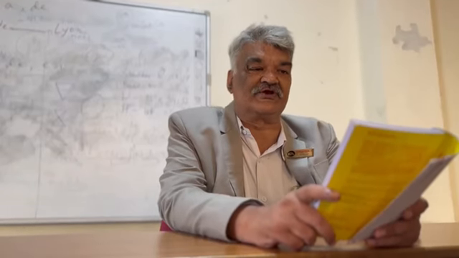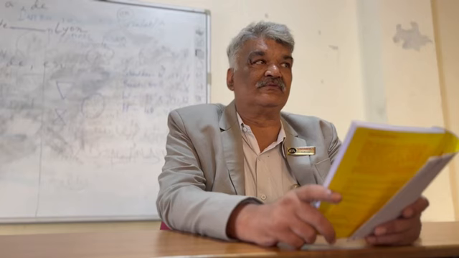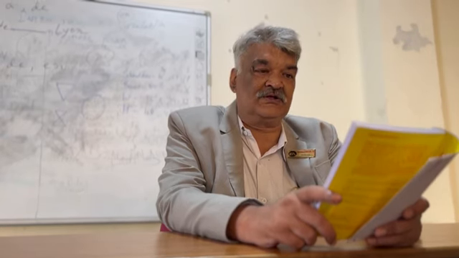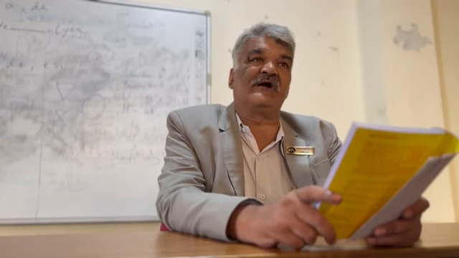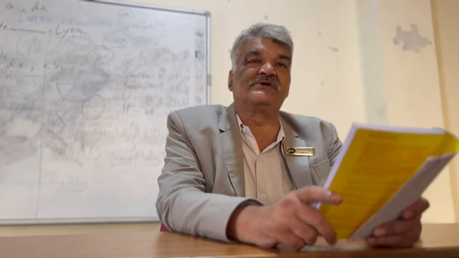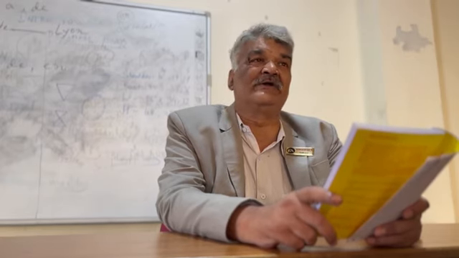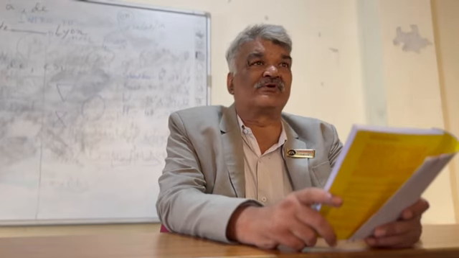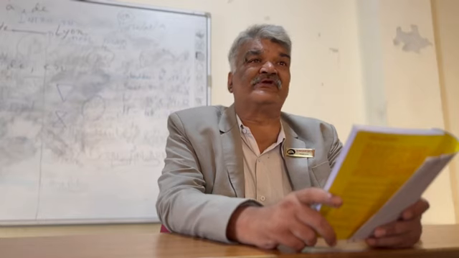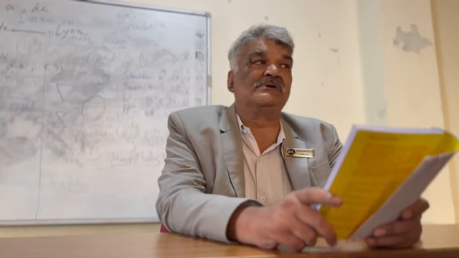Okay, so now we'll start the actual novel, Untouchable, by Mulk Raj Anand, right? So you see, what you have here is a very subtle and sensitive pen portrait of these untouchables.